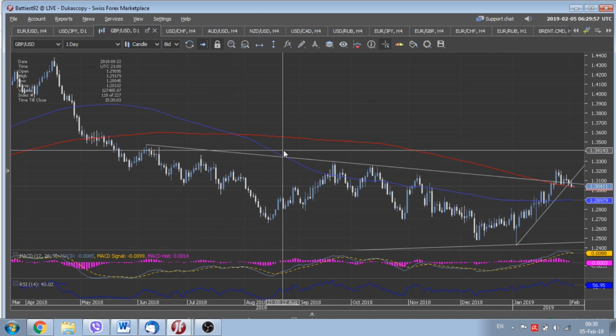Sterling should fully rely on developments regarding the Brexit negotiations. The market continues to expect that sooner or later, before the deadline of March 29, a kind of Brexit deal will be signed between the UK and the European Union, and that should save sooner or later the British economy as well as the British pound.